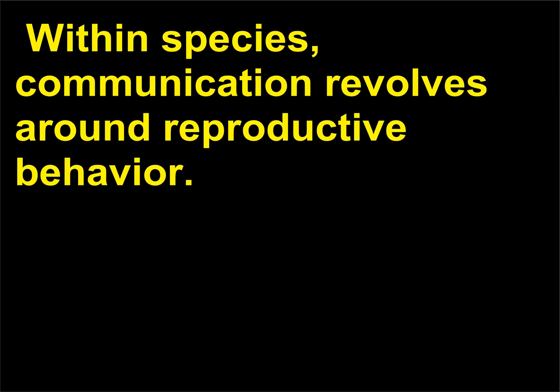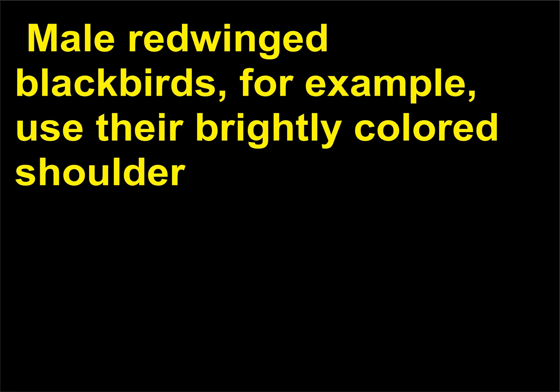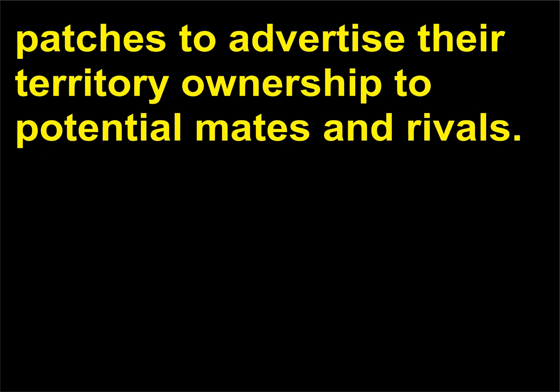Within species, communication revolves around reproductive behavior. Male red-winged blackbirds, for example, use their brightly colored shoulder patches to advertise their territory ownership to potential mates and rivals.